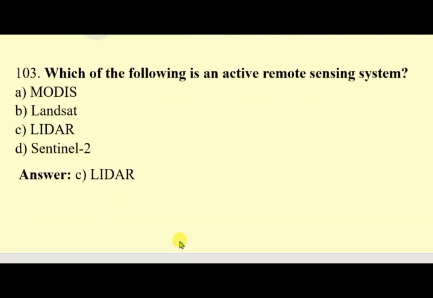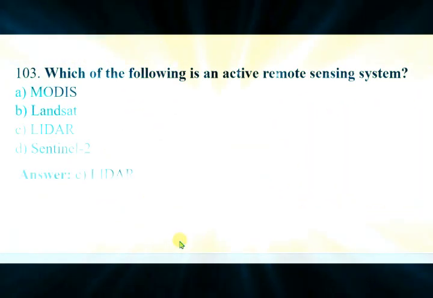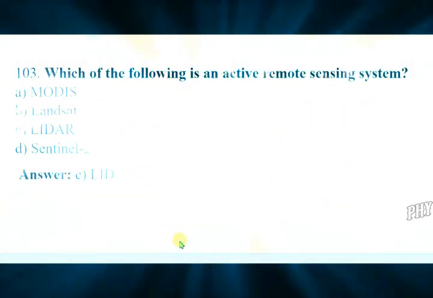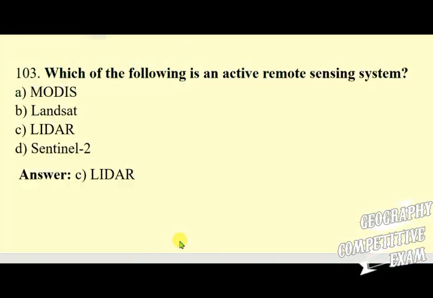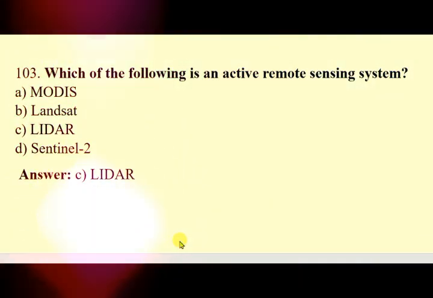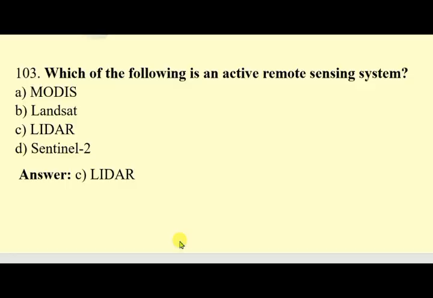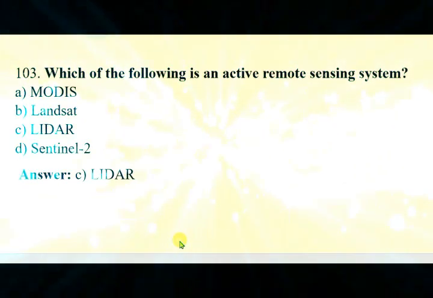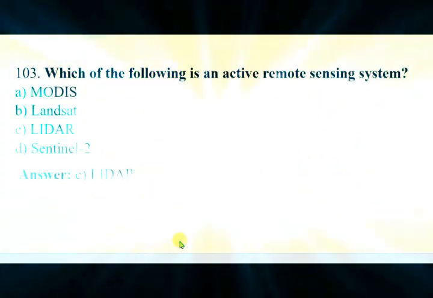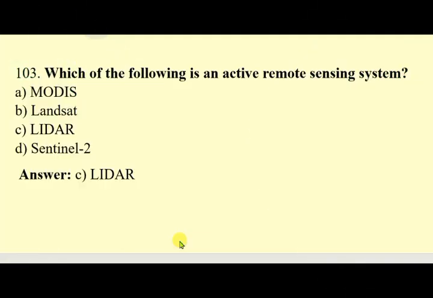Question number 103. Which of the following is an active remote sensing system? MODIS, Landsat, LiDAR, Sentinel-2. Here the right answer will be LiDAR, light detection and ranging. The other three are passive remote sensing, which use the energy from the sun and capture it using the satellite.